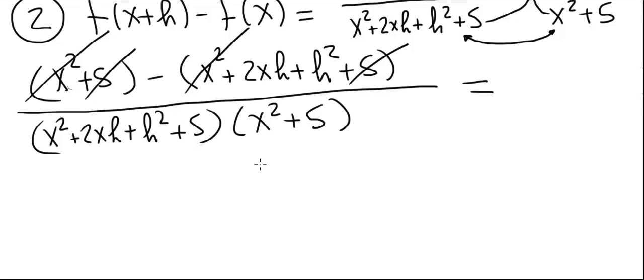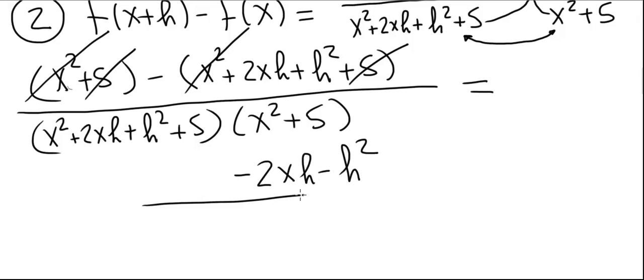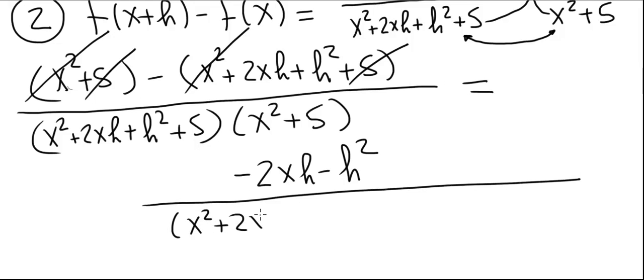Don't forget the minus, so we have minus 2xh minus h squared, and all of this divided by the product x squared plus 2xh plus h squared plus 5 and x squared plus 5.